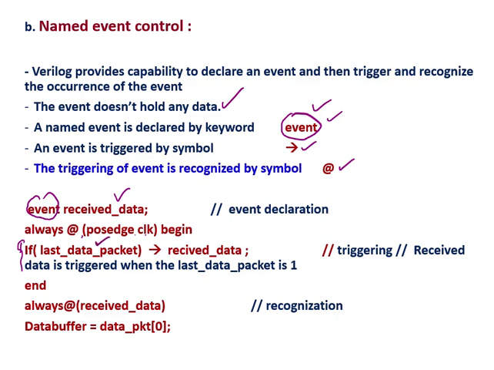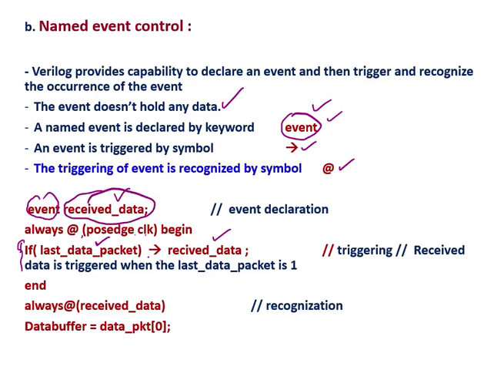If this one is true, then it is triggering the received data. This part is triggering, right? An event is triggered by the symbol, so it is triggering that received part.